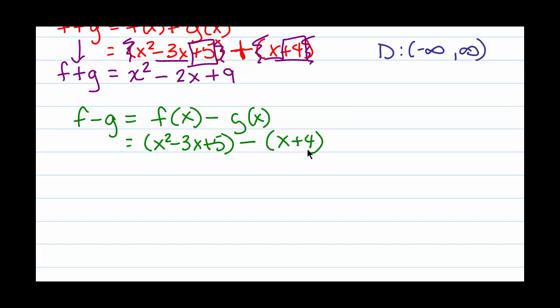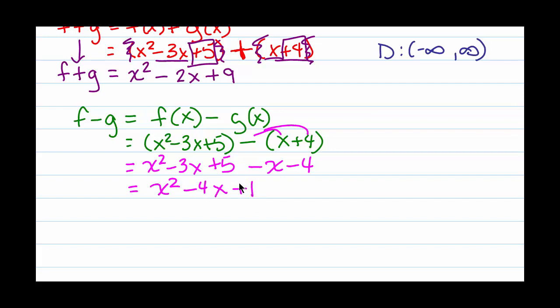So now when I have subtraction, do my parentheses matter? Yes, my parentheses matter, so I know I have to change my operations. Minus x, minus 4. My first parentheses stays the same. Combine my like terms: x squared minus 4x plus 1. So this is my f minus g.